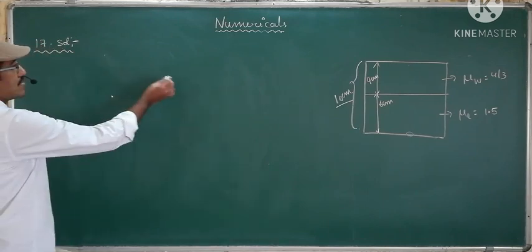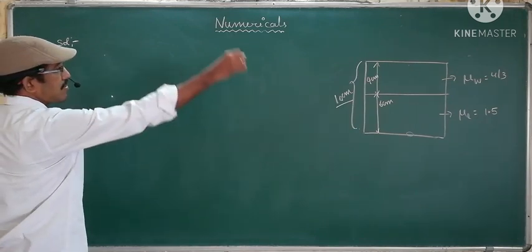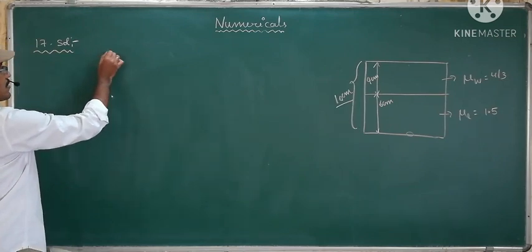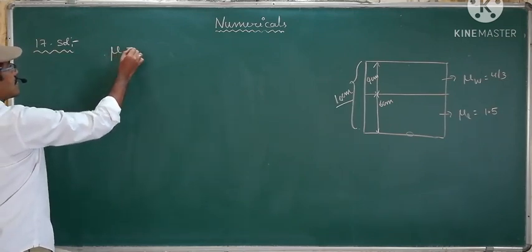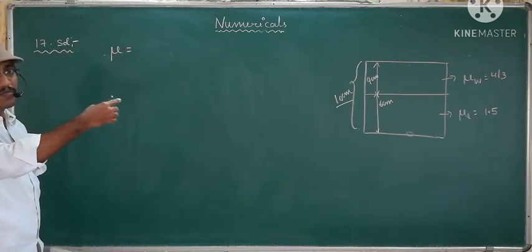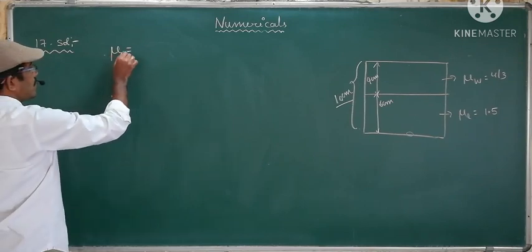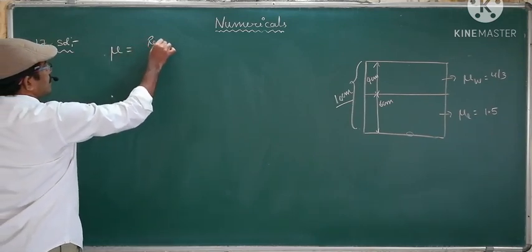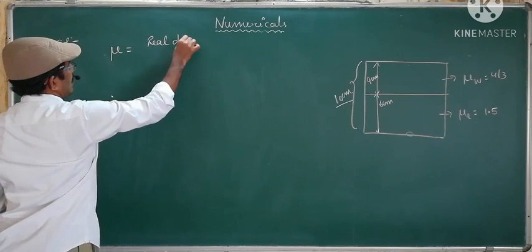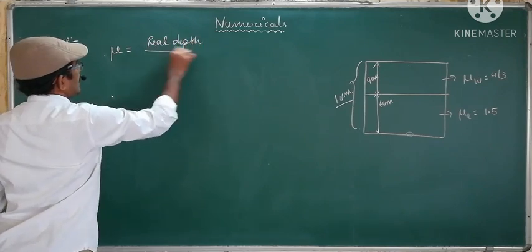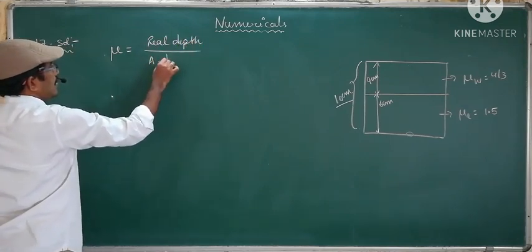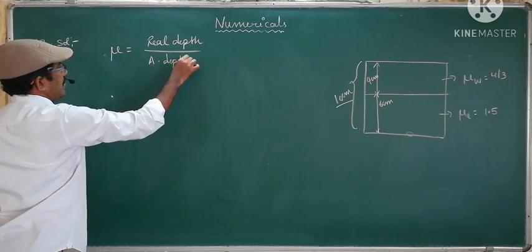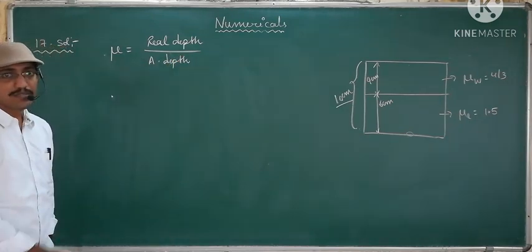Since the object is in the denser medium and we are seeing from the rarer, the refractive index is equal to real depth divided by apparent depth.